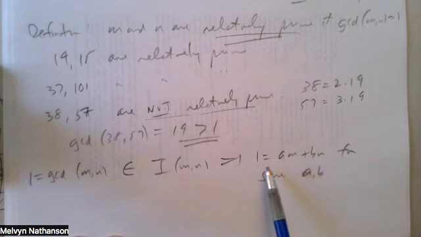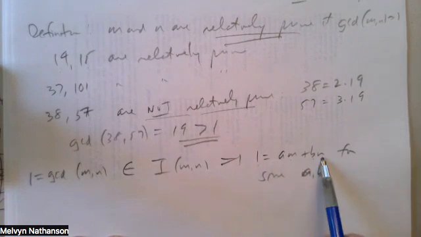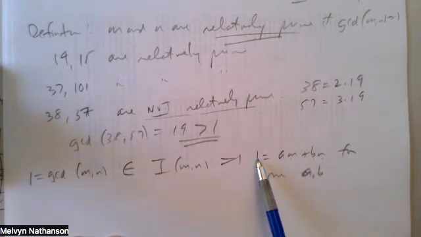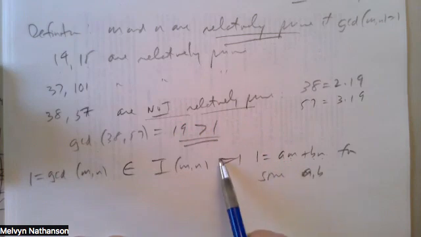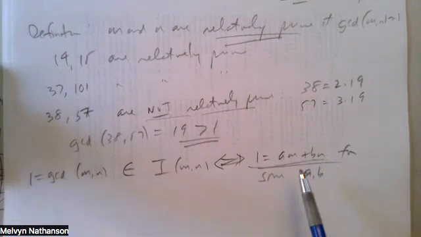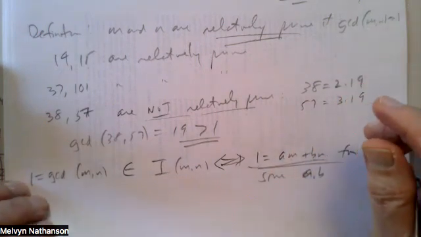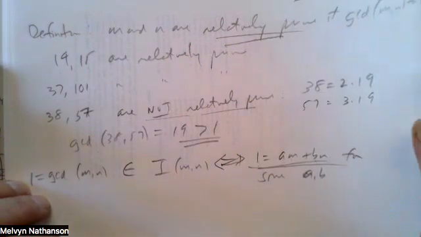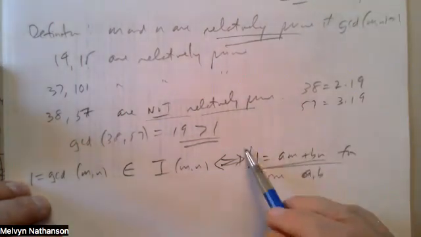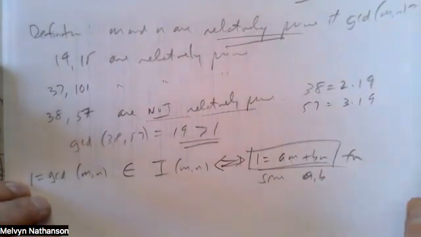And conversely, if 1 is an integral linear combination of M and N, then any number that divides M and N divides 1, and the only positive integer dividing 1 is 1. So this is really an if and only if statement. Two integers are relatively prime if and only if the greatest common divisor is 1.